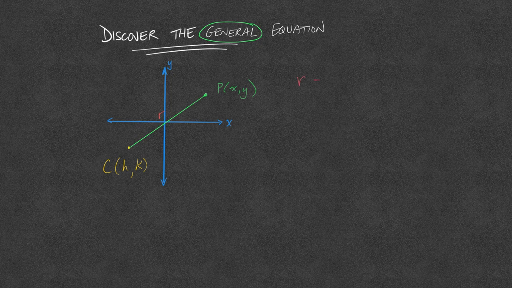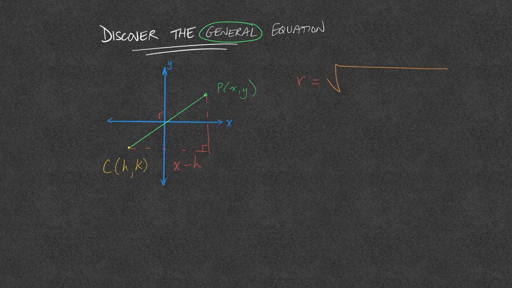We know that that radius is the length of the line segment from C to P, or P to C. So if I was to drop in my vertical and horizontal components, I can see that the distance that I have to go horizontally has to run from X back to H. So I need to subtract it.